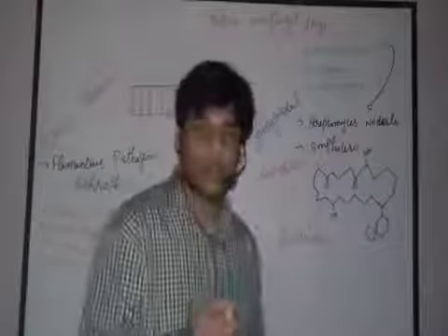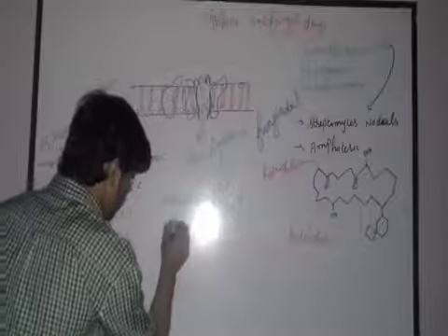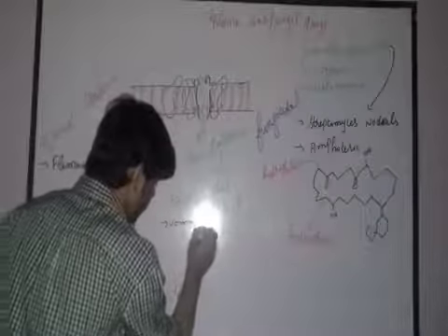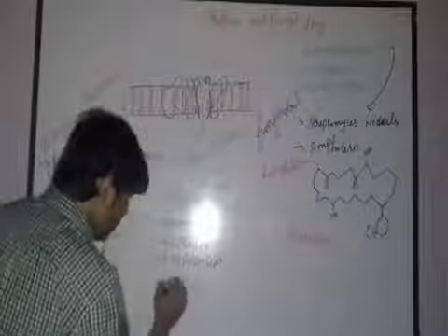Now let me talk about the adverse effects of these drugs. If we give these kinds of drugs, the adverse effects will be vomiting, hypotension, kidney failure, headache, fever, anemia.